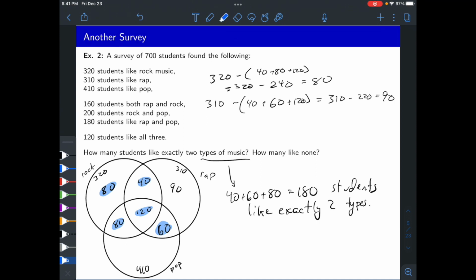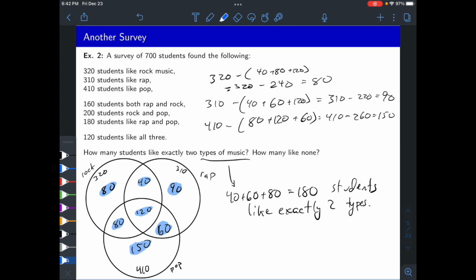So we'll have 90 here. And then for the last bubble, we'll do 410 minus these three numbers, 80, 120, and 60. That's 410 minus 260, which is equal to 150. So we'll have 150 down here.